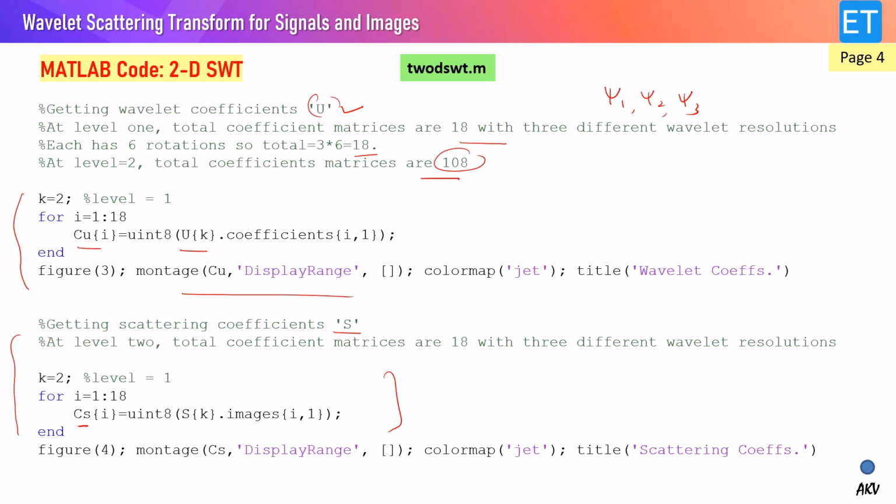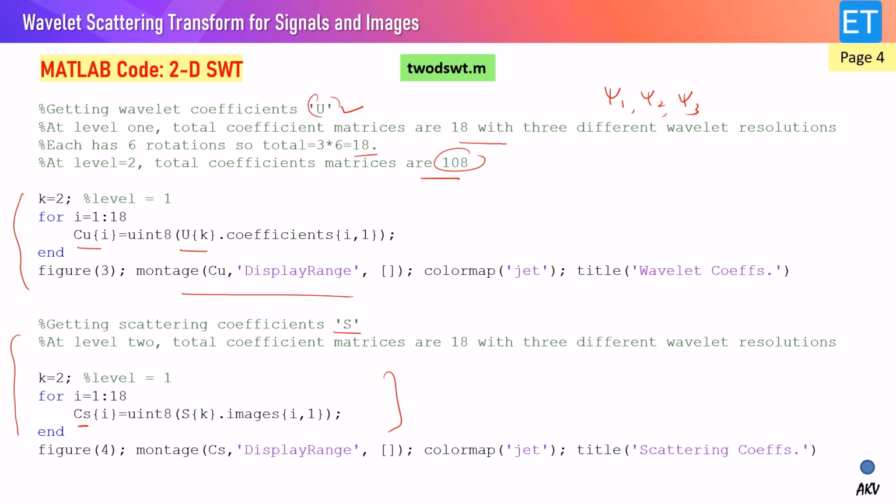Okay, so this is all about this video and what I have covered. Let me summarize. So we have gone through the basic theory of the Wavelet Scattering Transform. We have seen how we can compute the scattering coefficients for 1D and 2D signals. We have seen the similarity between the convolutional neural networks and the Wavelet scattering network, and we have seen the implementation in MATLAB for both 1D and 2D signals.